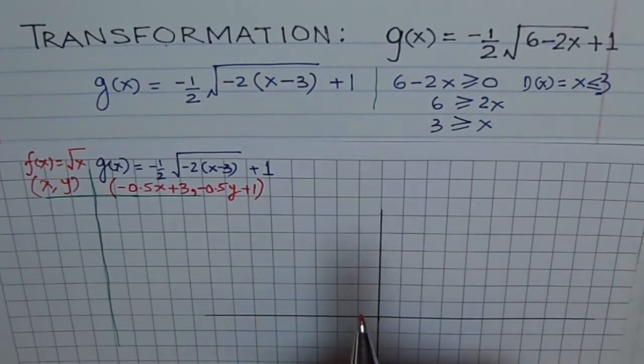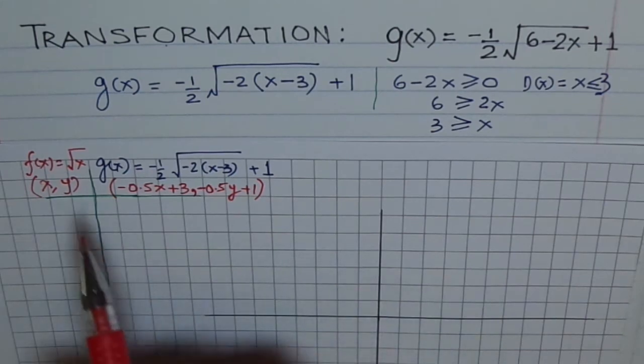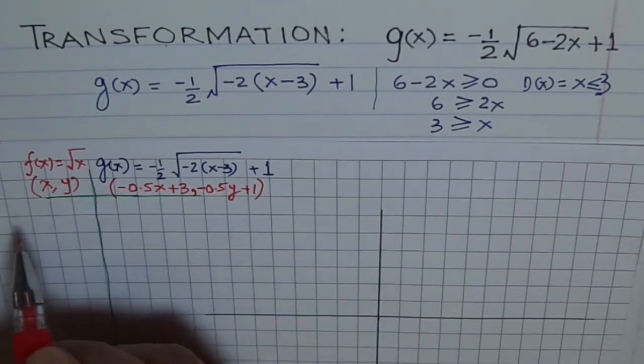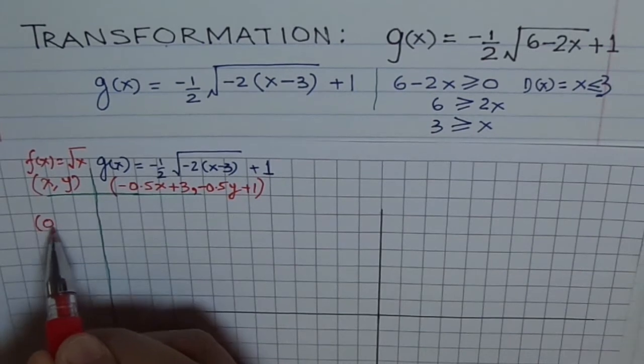Now, which are the good points to take for a square root function? As you studied under the video, we saw that for the square root function, the good points are (0, 0), (1, 1), (4, 2), (9, 3) and so on, because they give you non-decimal values, correct? So let's take those values.